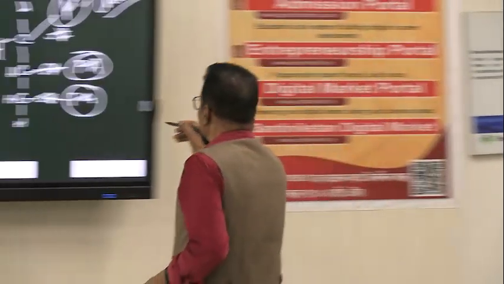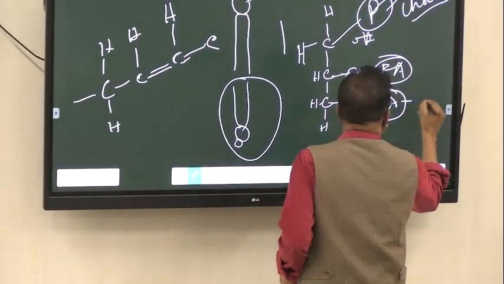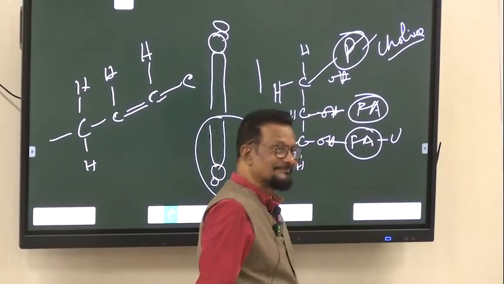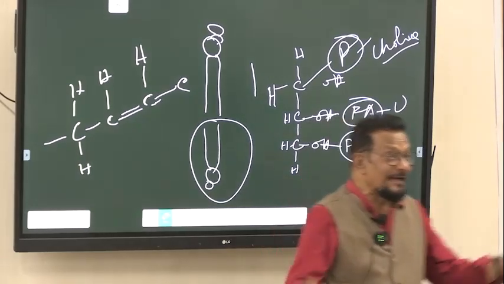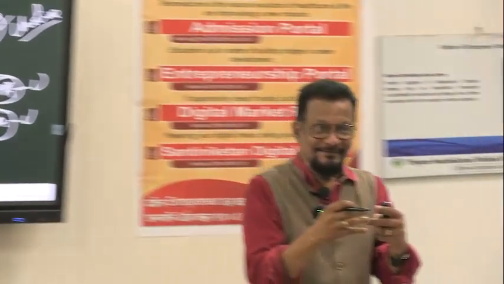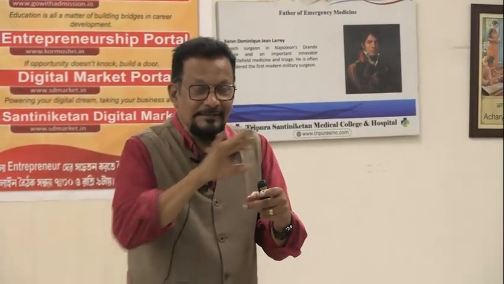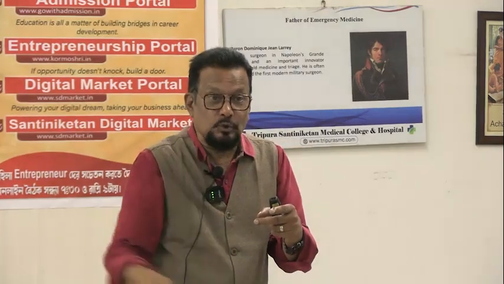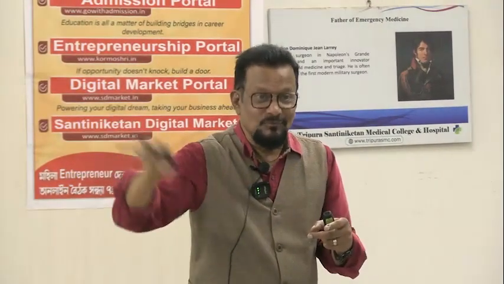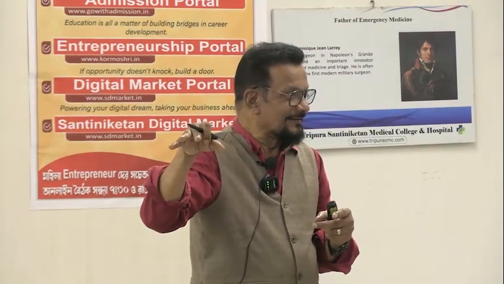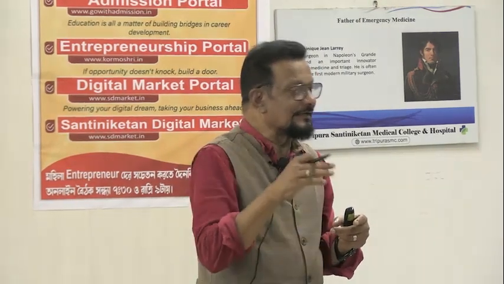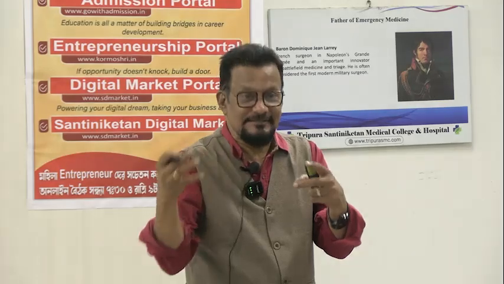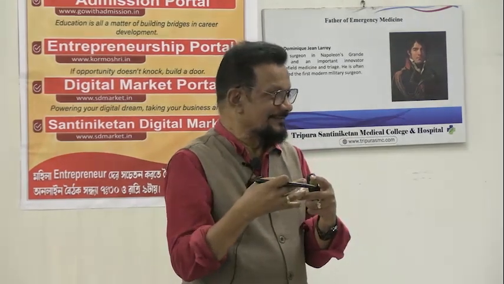Why? It may be unsaturated. When there is unsaturation, more unsaturation means the membrane will show more fluidity. And if more saturation is there, then it will show less fluidity.